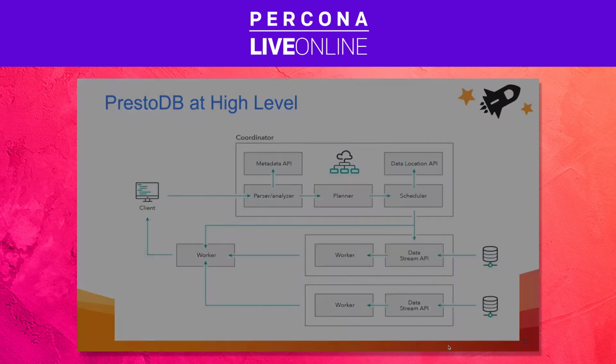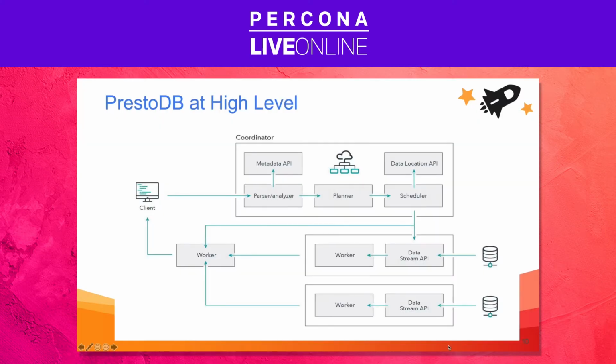At a high level, if you look at the architecture, PrestoDB is a combination of a coordinator and one or more workers. The coordinator, also called the queuing node or the master node, is responsible for managing the cluster.